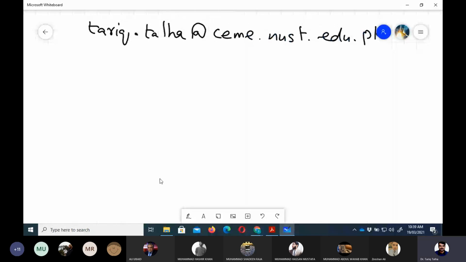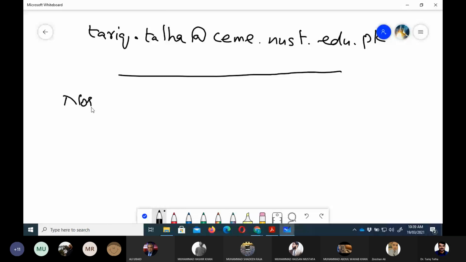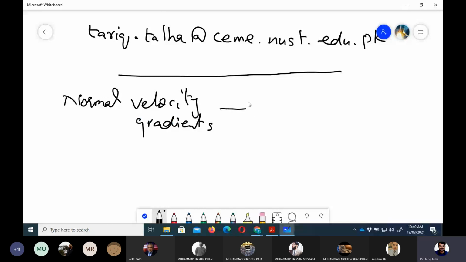So normal velocity gradients are partial u by partial x, partial v by partial y, and partial w by partial z.